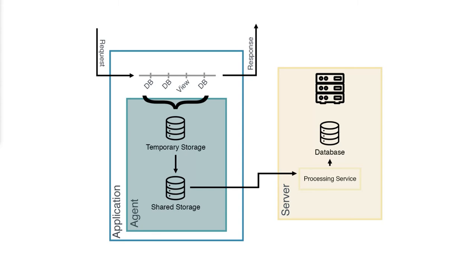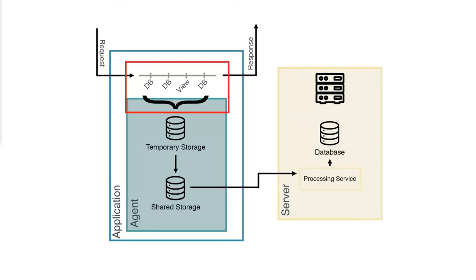And then when the request ends and the response is generated, in the top right of the application box, we will add all of that data to a shared storage. As the data set grows, we'll periodically dump it all and send it to the server. So let's start with the first part, how to collect performance data.